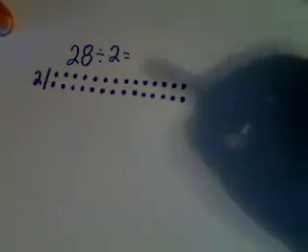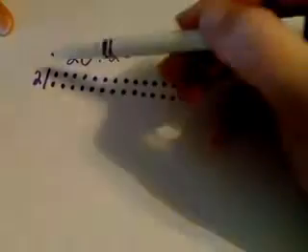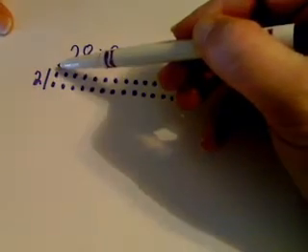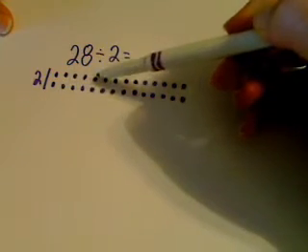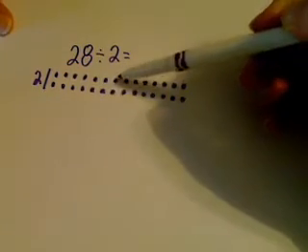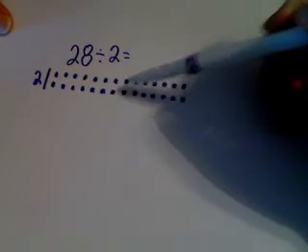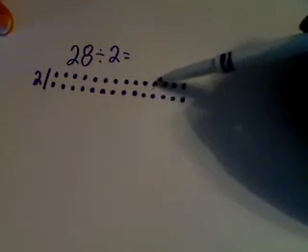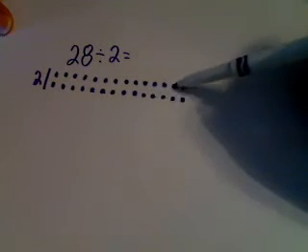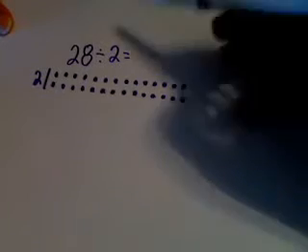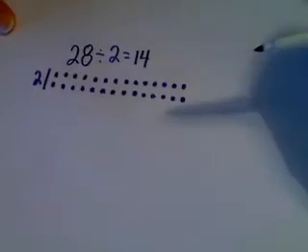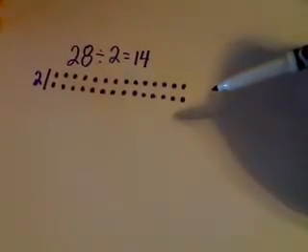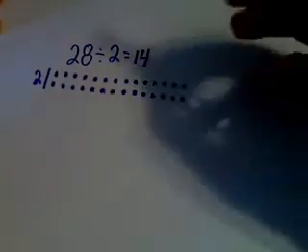So how many groups of 2 did I make? Well, I can literally count that there's 1, 2, 3, 4, 5, 6, 7, 8, 9, 10, 11, 12, 13, 14 groups of 2. Okay, that is basically your array.